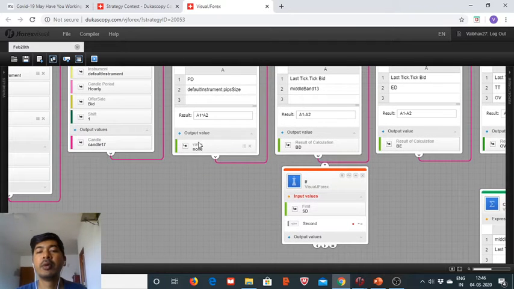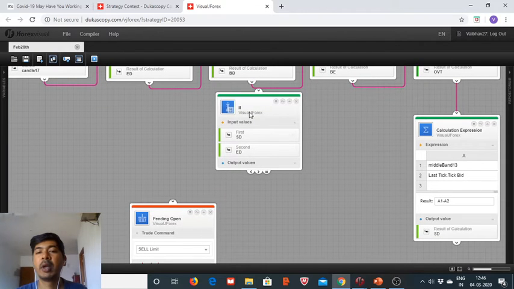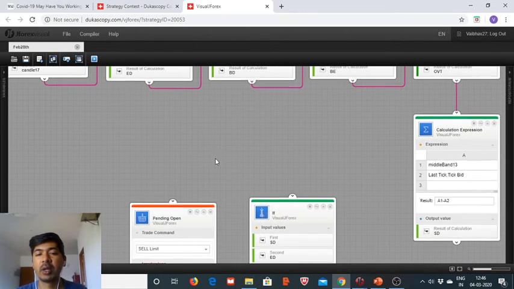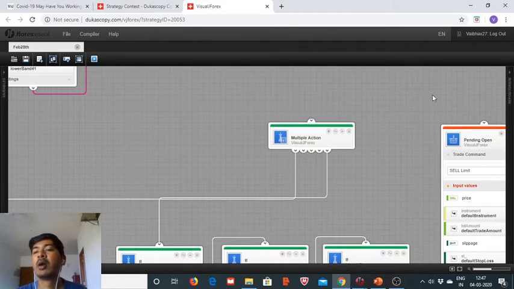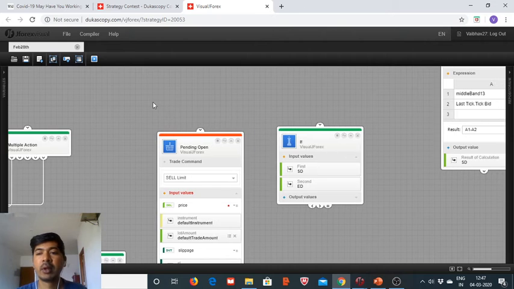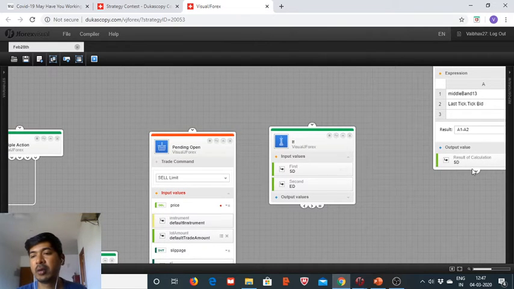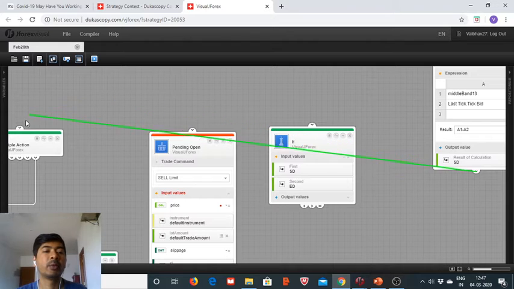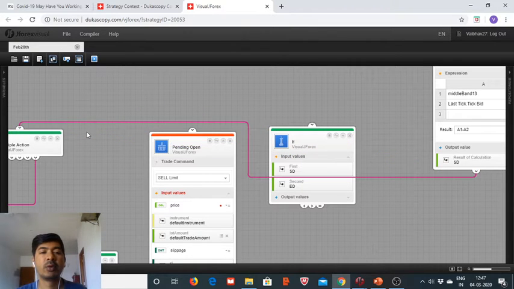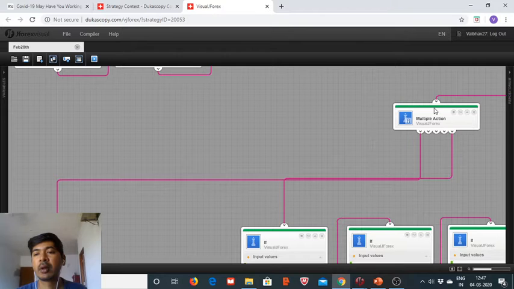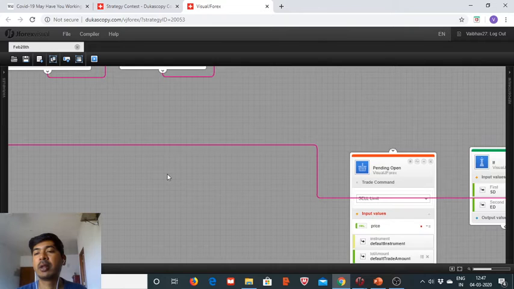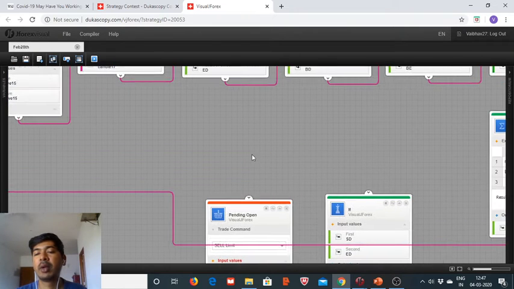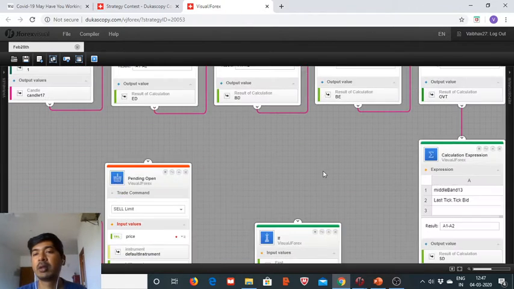In such a scenario, our algorithm will look for a pending open instead of looking for a market open, and while placing the order, 10 pips will be added to the current price, while buy, the 10 pips will be subtracted. While selling, the order will be placed 10 pips higher from the current price.